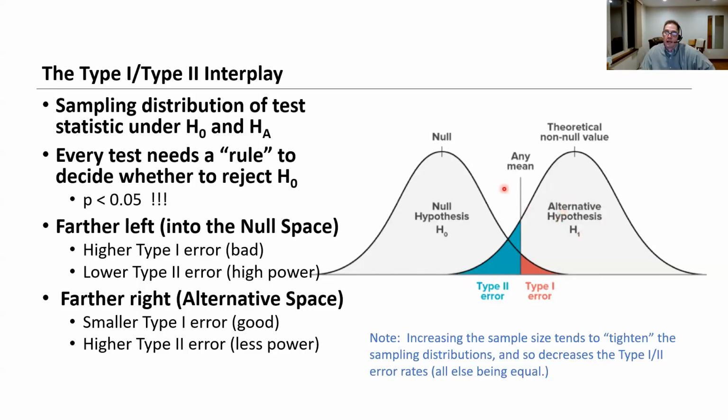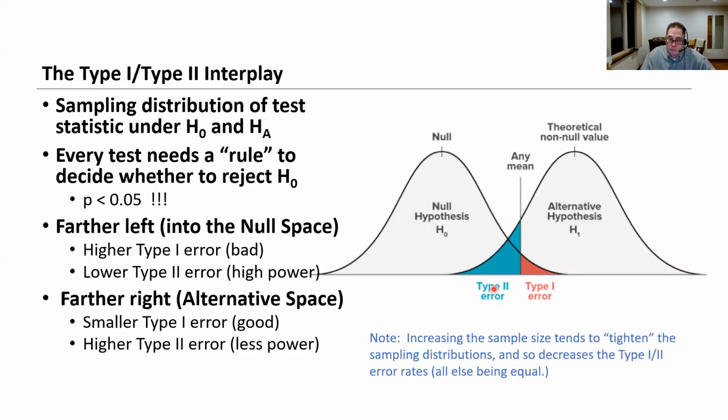So I can change all that. If these two distributions are fixed and I move this decision rule around, let's say a little bit to the left, then my type 1 error rate under the null hypothesis goes up, and my type 2 error rate under the alternative hypothesis gets smaller. So I can adjust these things around.